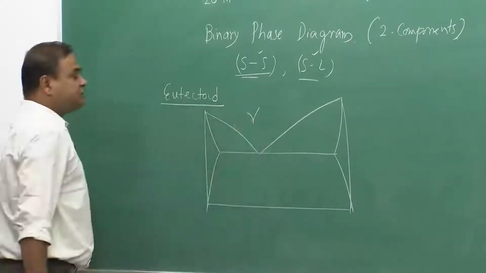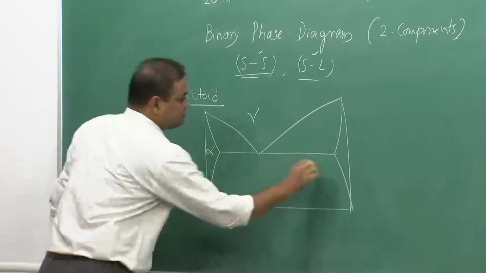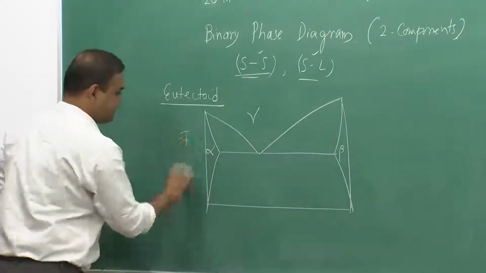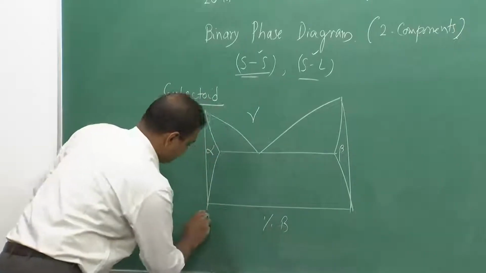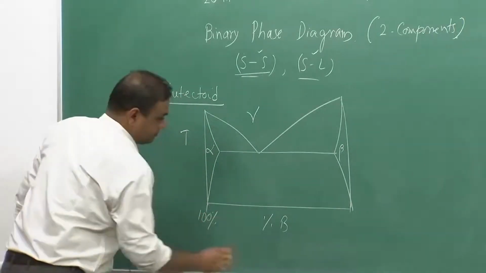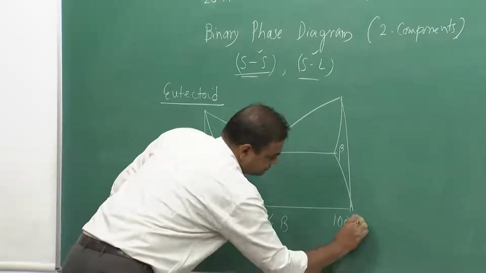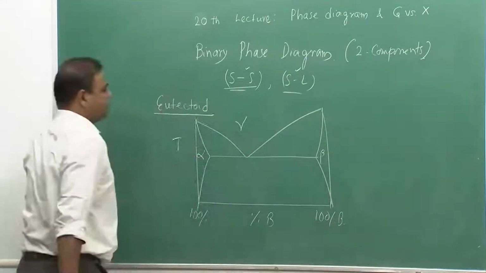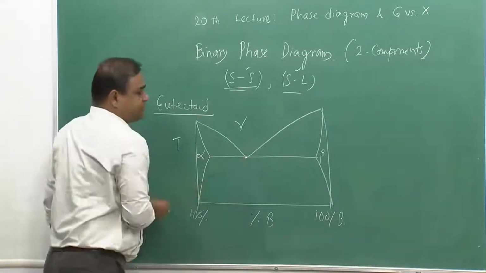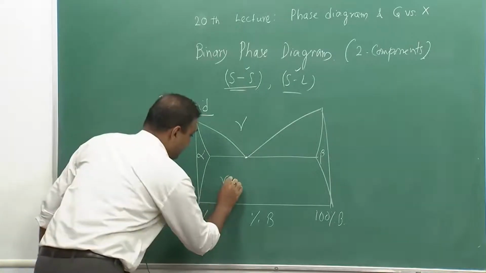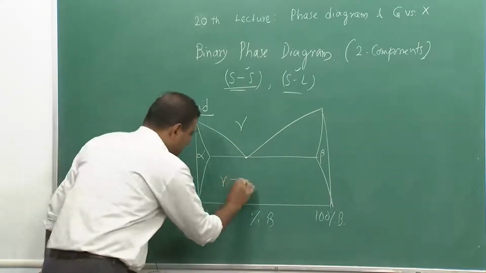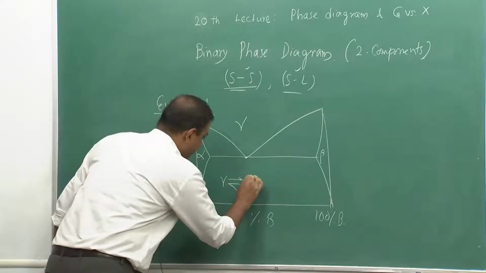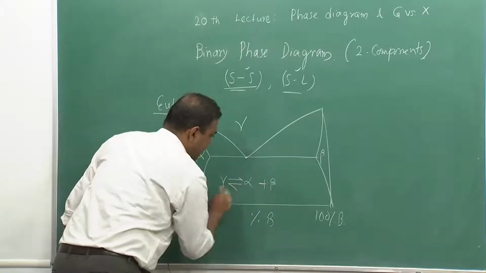This is, let us say, gamma, this is alpha, this is beta, temperature, percentage of B. And at this point the reaction is gamma, which is a solid, converts to alpha and beta.